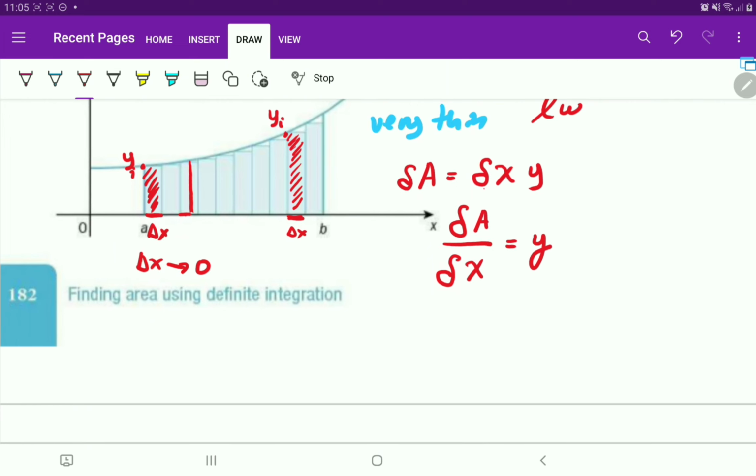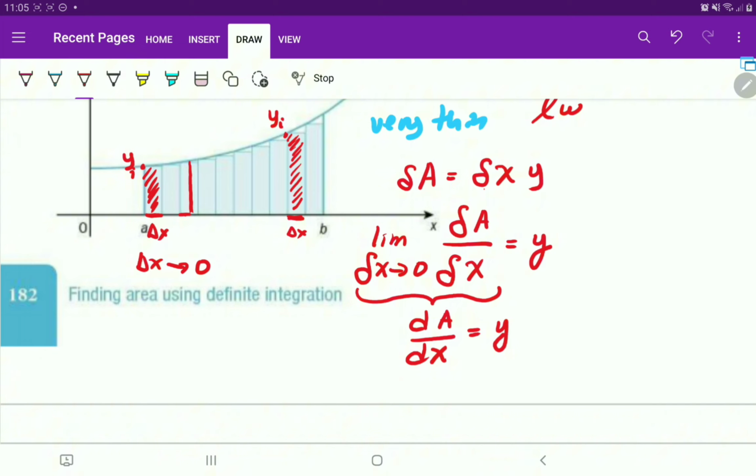Now if you take the limit of this as delta x approaches 0, remember this is the definition of the derivative. So the derivative of that area with respect to x will be equal to y.